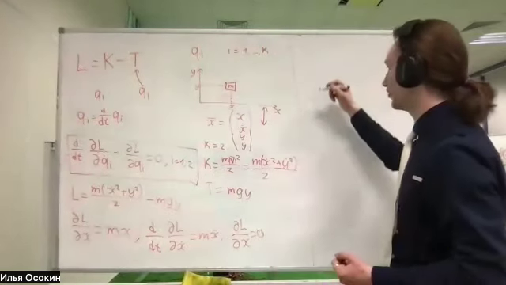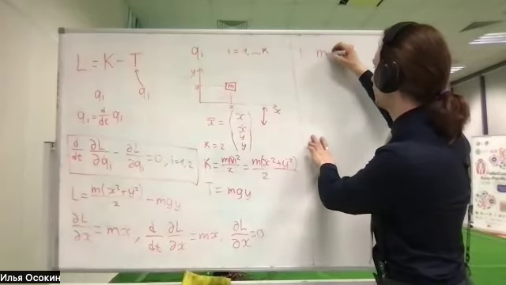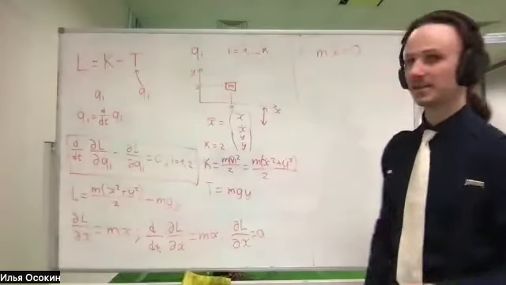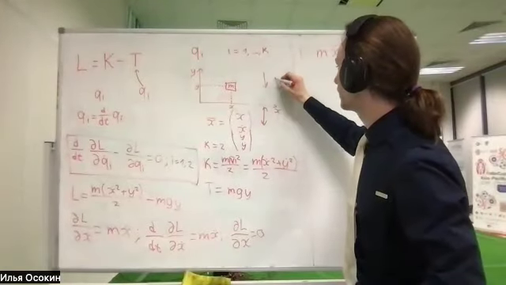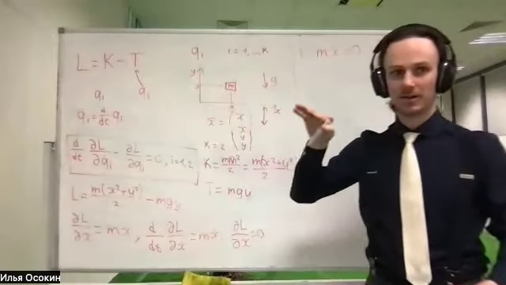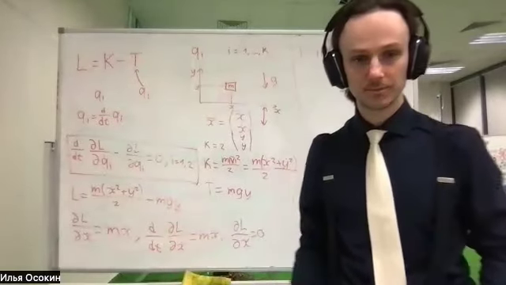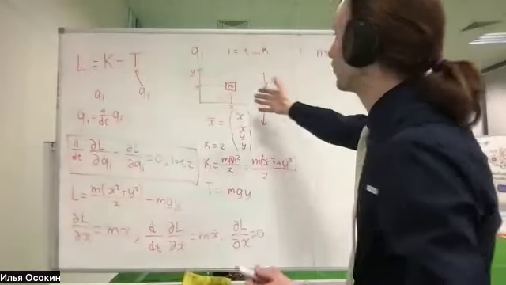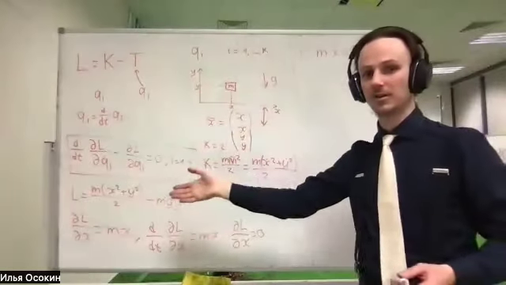The first equation of motion is the following: m x double dot is 0. What does it mean? It means that if we throw an object somewhere, its horizontal velocity will not change. It's a pretty obvious observation, but still, we just got it from this formula.